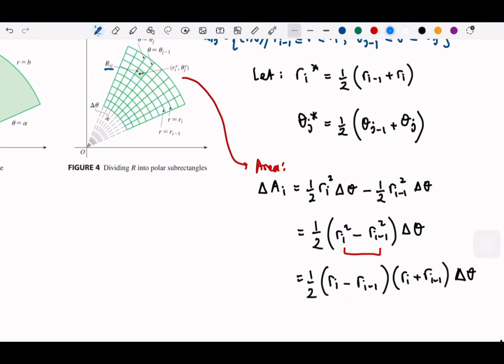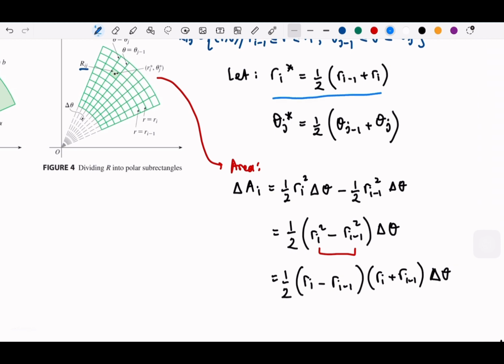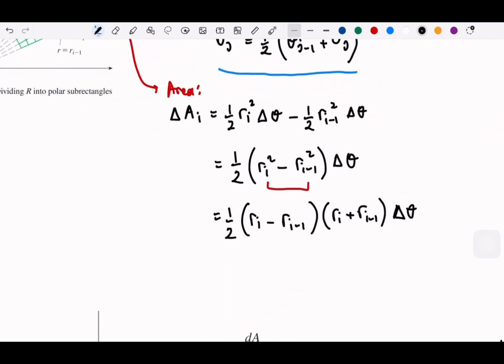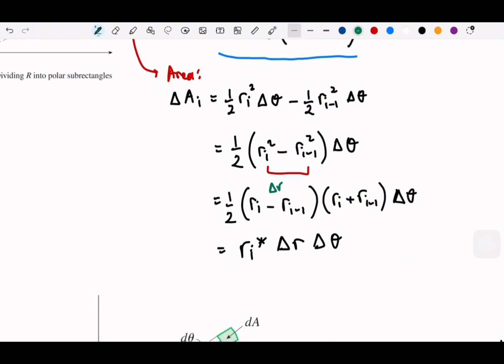And using the definition that we set up from the r_i asterisk and the theta_j, we can make this as r_i asterisk delta r and delta theta. So this is delta r, this is r_i asterisk, this is delta theta. Okay, so this is a delta A.